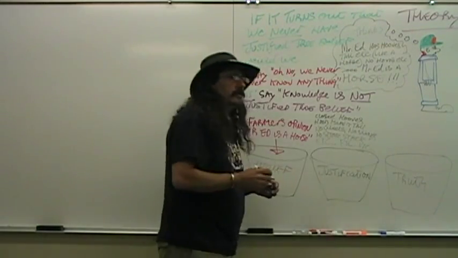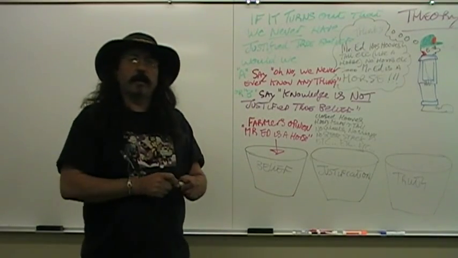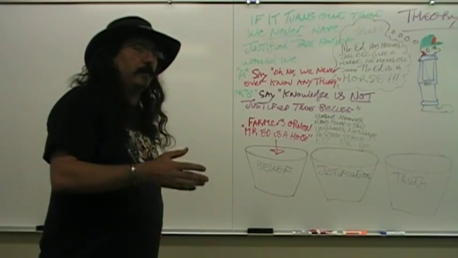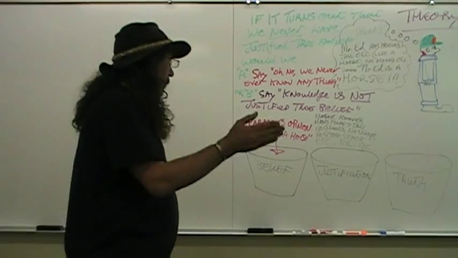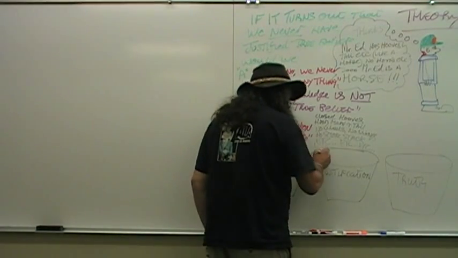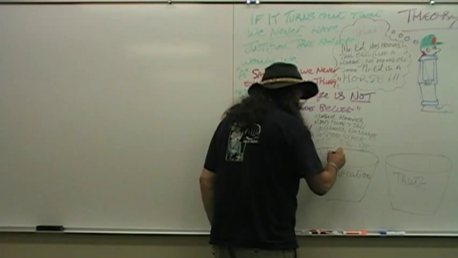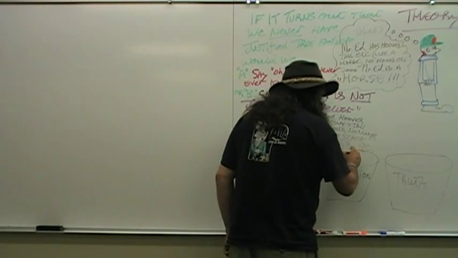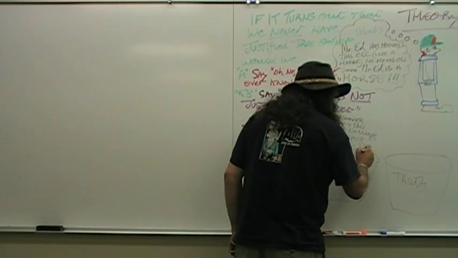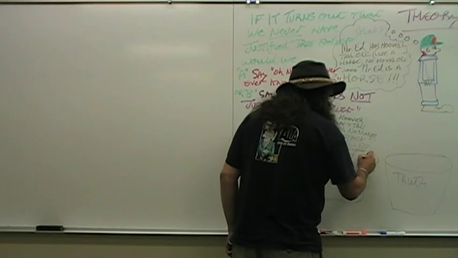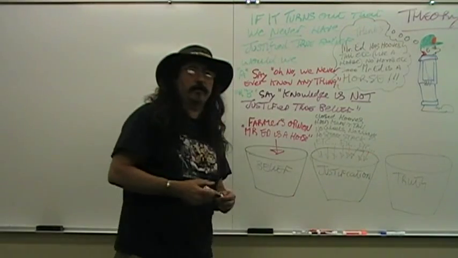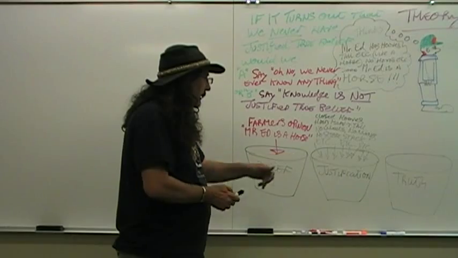So anything you could say about Mr. Ed that would tend to justify a belief that Mr. Ed is a horse goes into this bucket, right, and hundreds of things go into it. Even if we just count the features that Mr. Ed has that are like horses, all of that goes in there, right?